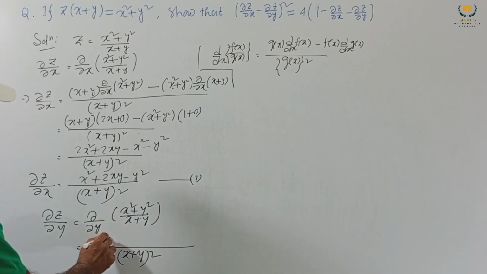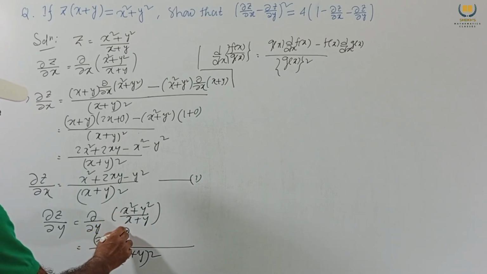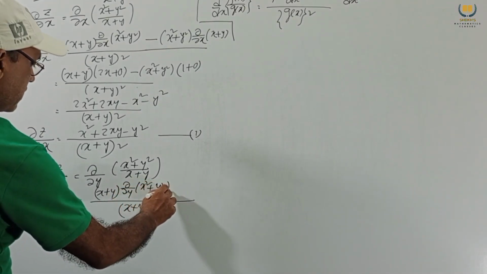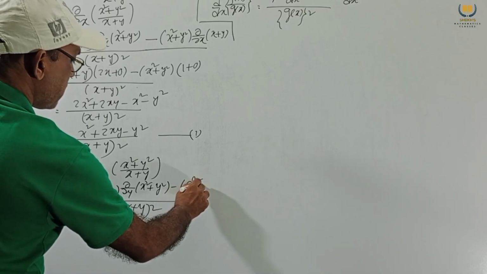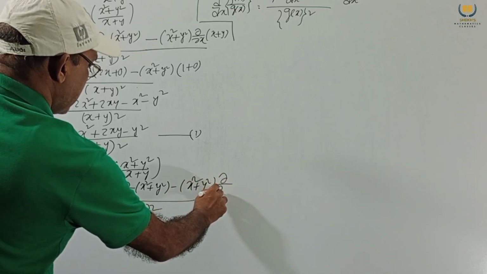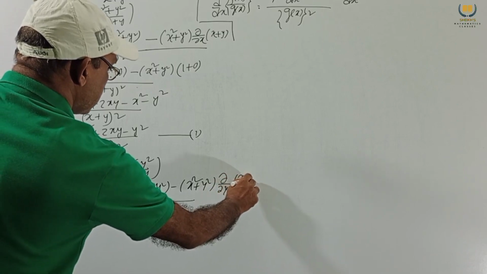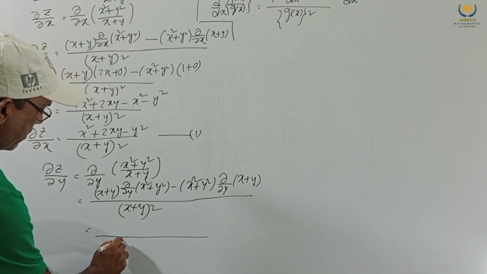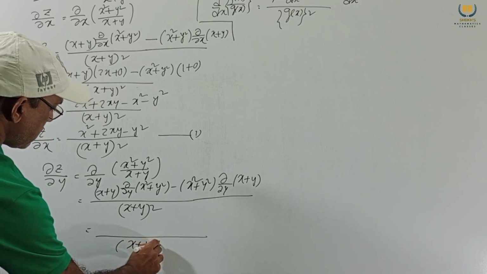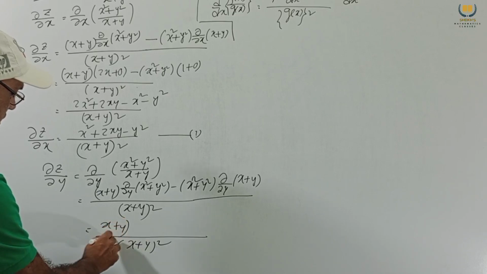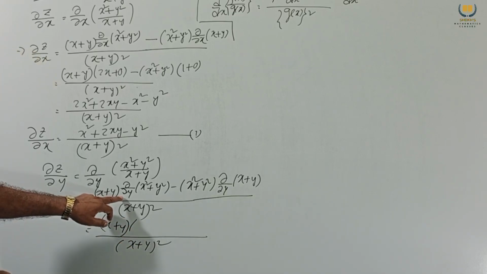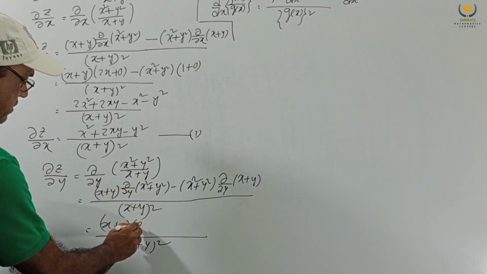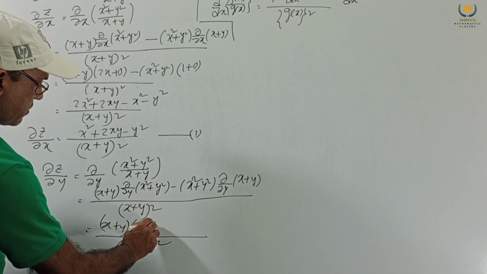By using the quotient rule, del/del y, (x plus y) times (x square plus y square) minus (x square plus y square) times del/del y of (x plus y). This one you get, and this will be over denominator whole square, (x plus y), and we differentiate partially with respect to y. That means x is constant. Del/del y of x square is 0, and del/del y of y square means twice y.